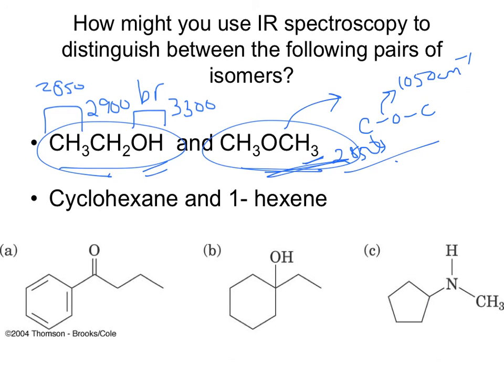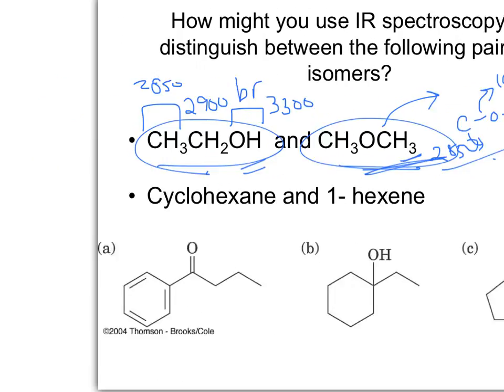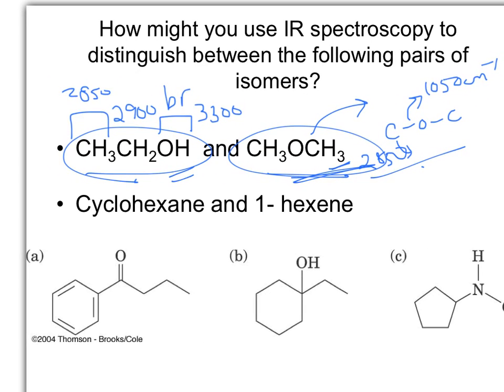Cyclohexane and 1-hexene, we discussed that actually earlier. I gave you the example of cyclopentane and 1-pentene and 2-pentene, so you can work on that yourself. The other part of this question basically deals with your given structures, and you have to predict where the peaks are going to show up.